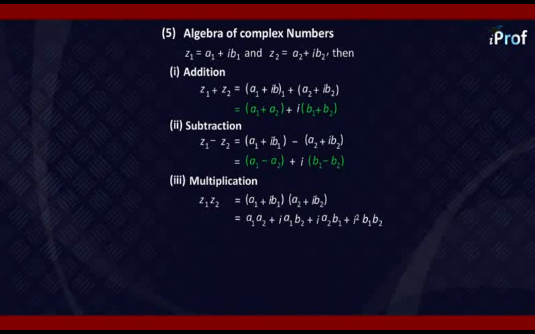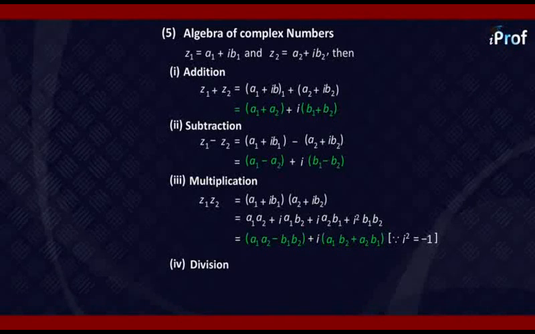But iota square is equal to minus 1, so it becomes A1 A2 minus B1 B2 plus iota times A1 B2 plus A2 B1. A1 A2 minus B1 B2 becomes the real part of Z1 Z2 and A1 B2 plus A2 B1 becomes the imaginary part of Z1 Z2.